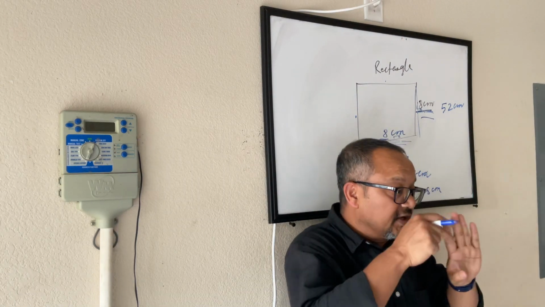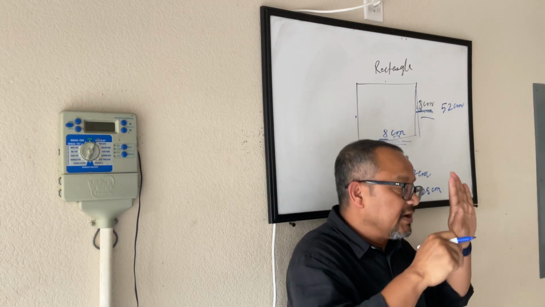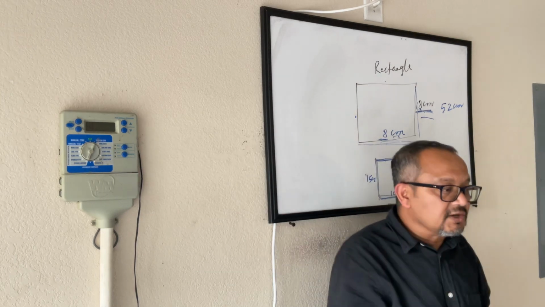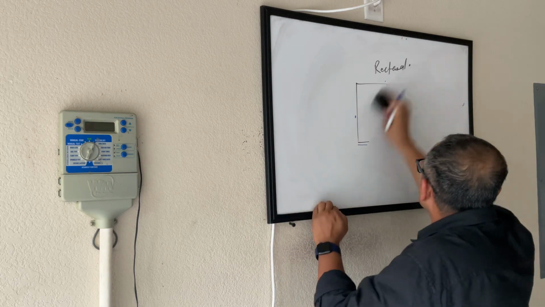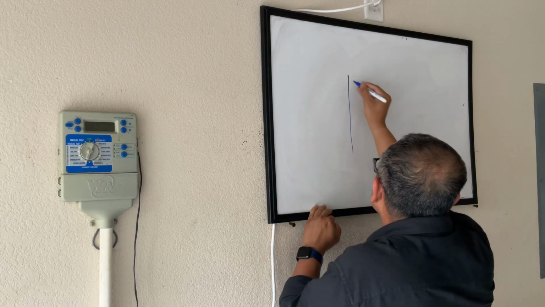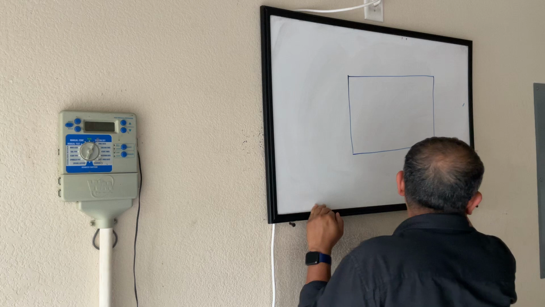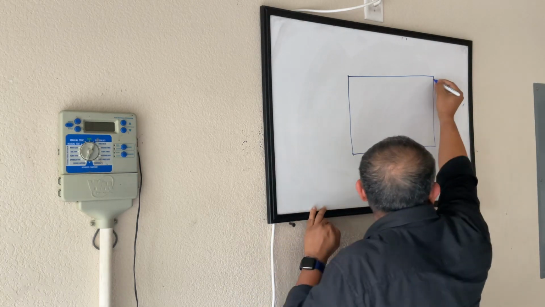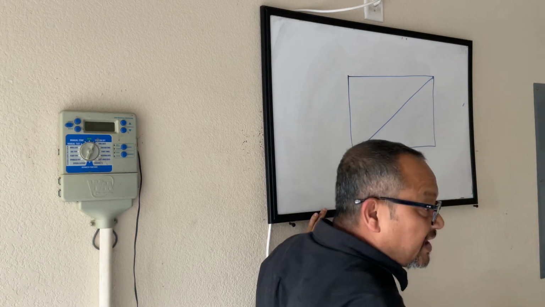So today again we talked about area of a rectangle, area of a square, perimeter of a rectangle, perimeter of a square. I'll just give you guys one clue and then let you go. If I have a rectangle, if I join the opposite two corners, what did I make?